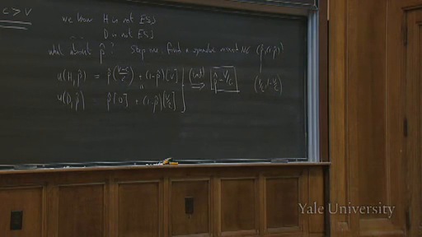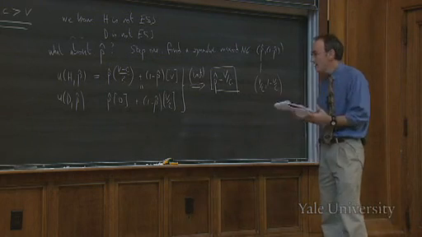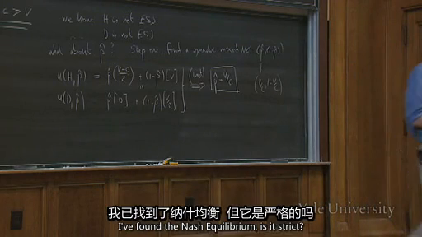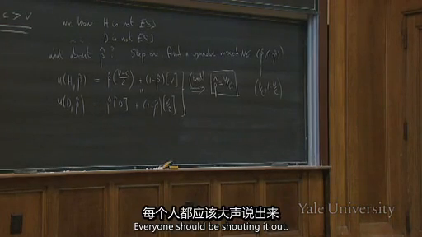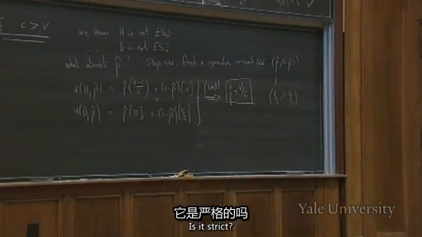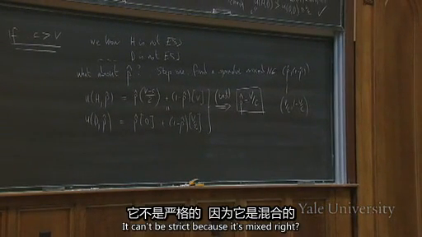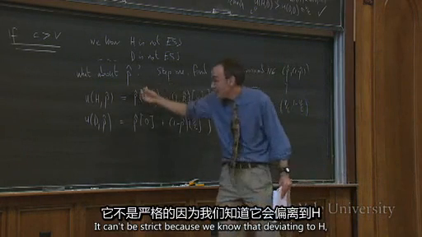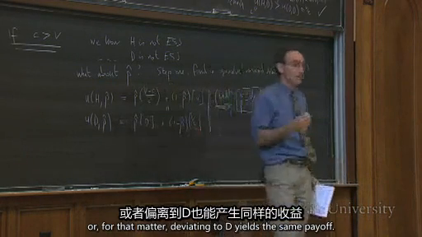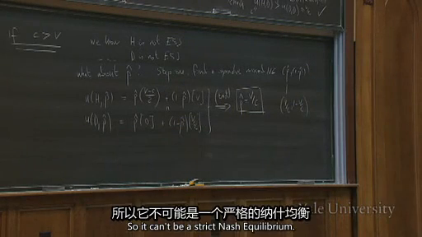Is this a strict Nash equilibrium? I found the Nash equilibrium. Is it strict? Everyone should be shouting it out. It can't be strict because it's mixed, right? By definition, it can't be strict because deviating to H, or for that matter deviating to D, yields the same payoff.